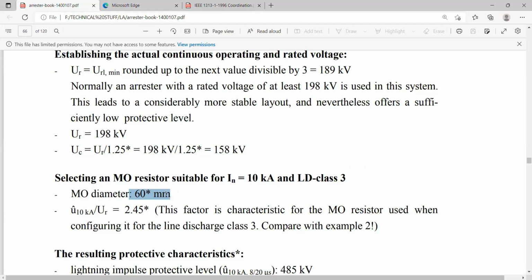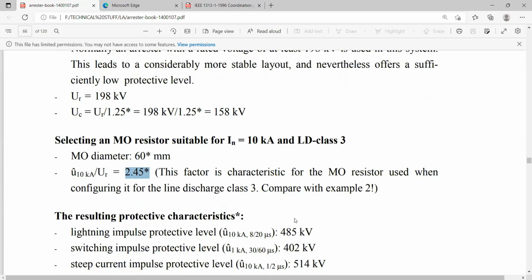With this diameter, considering the energy storage capabilities, this is the factor given by the manufacturer: 2.45. So 2.45 times the rated voltage 198 gives you nearly 485. So the resulting protective characteristic is 485.